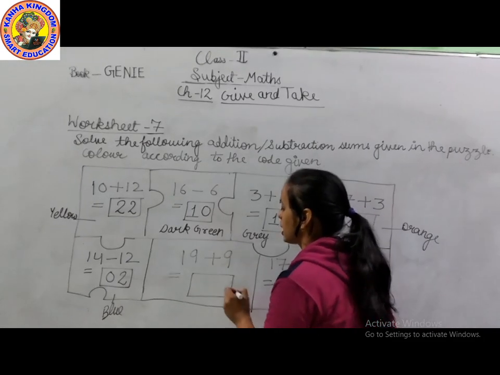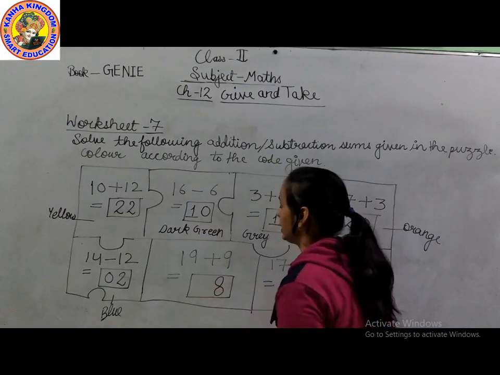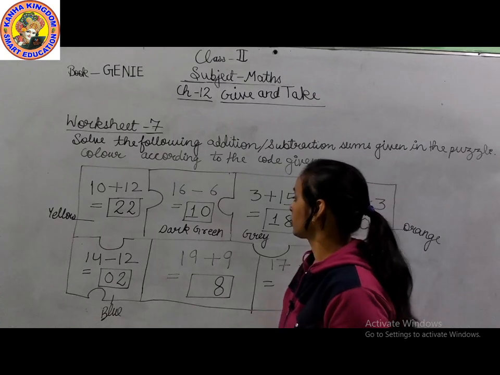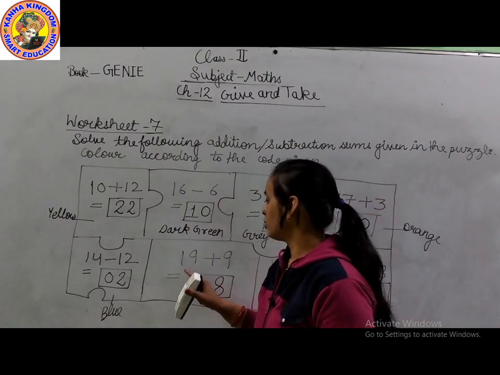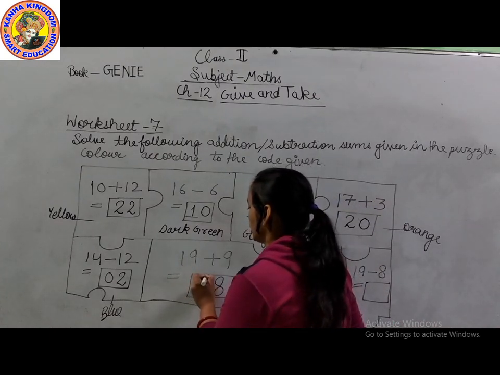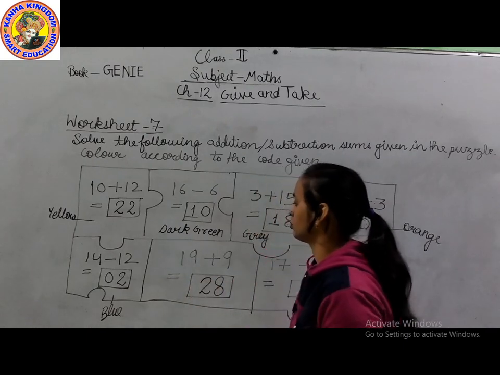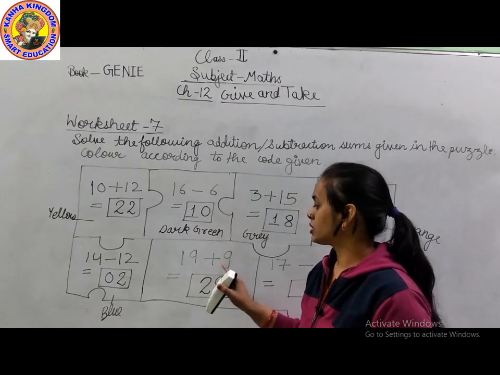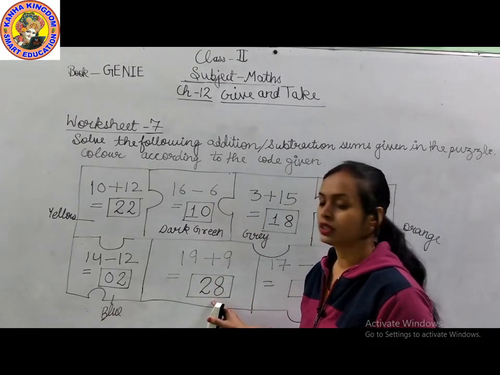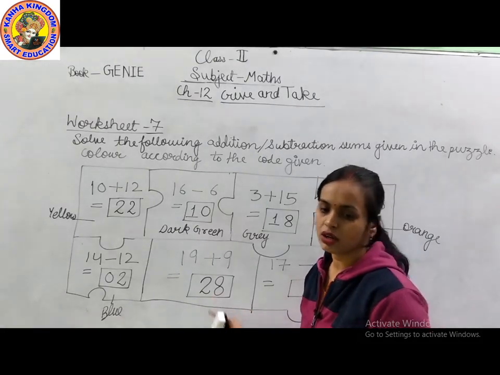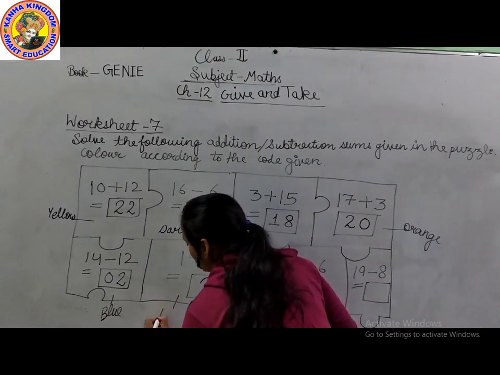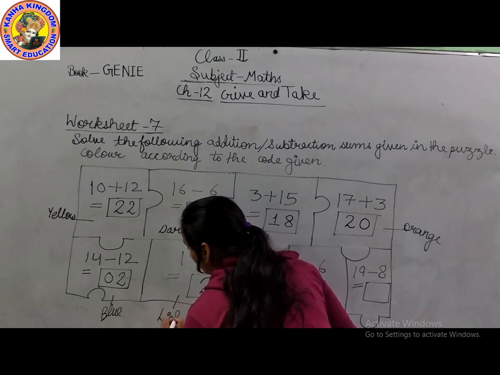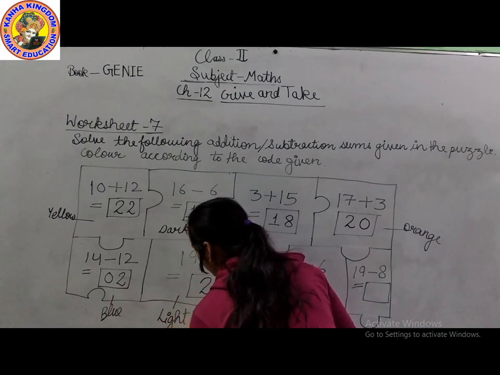So 9 plus 9, 18. 1 plus 1, 2. So 19 plus 9 equals 28. And 28 color code is light green. So fill light green in this puzzle.